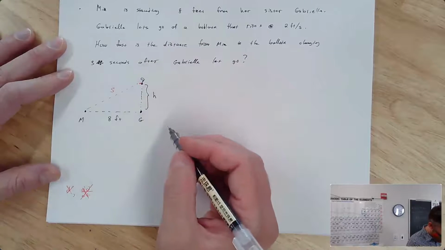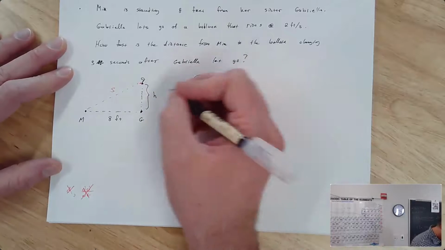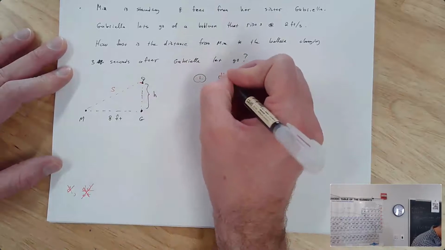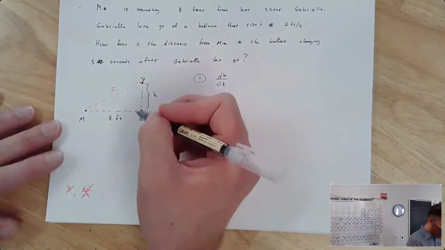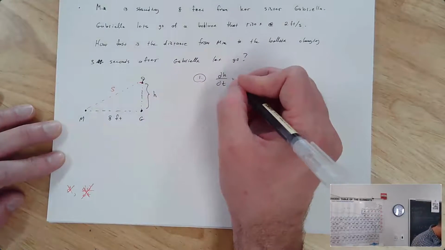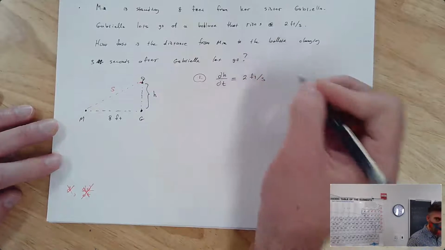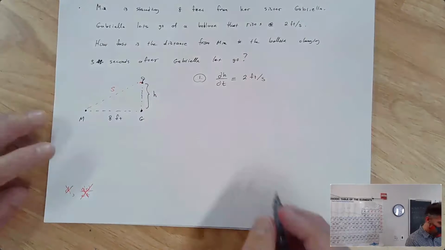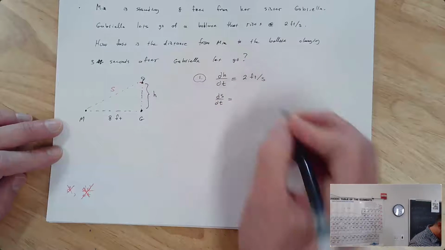So there's our picture. Let's identify what's changing. We know that the height of the balloon is changing. The rate of change of the height, or the rate of change of the distance from this stationary person to this thing that's moving, is just how fast the balloon is changing its position, which is 2 feet per second. And then we want to know what ds/dt is.